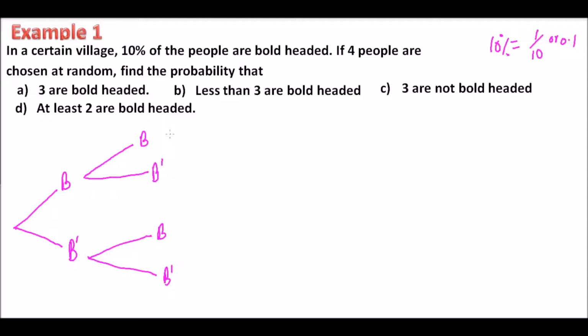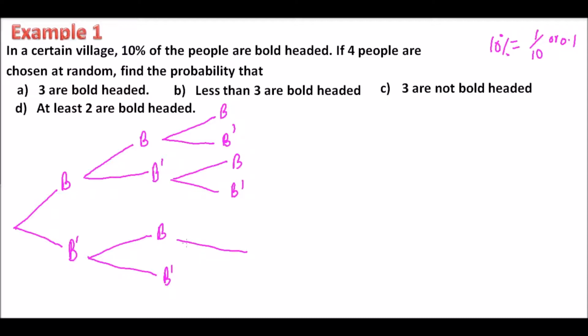So that is the second one. Then we move to the third choice. Here we can have bald-headed or not bald-headed. We have this one, the third choice. We can have bald-headed or not bald-headed.